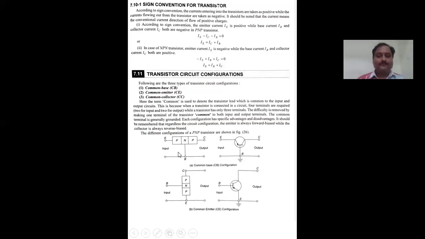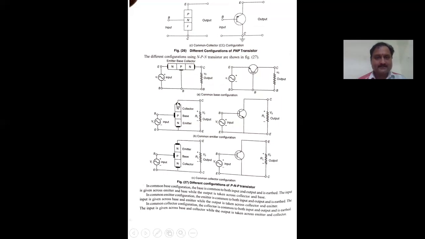And again we observe another difference. This is the input. It indicates a battery connection. This indicates an AC connection, given from a function generator, a signal generator. It is a signal: we are giving a positive peak one time and a negative peak another time.